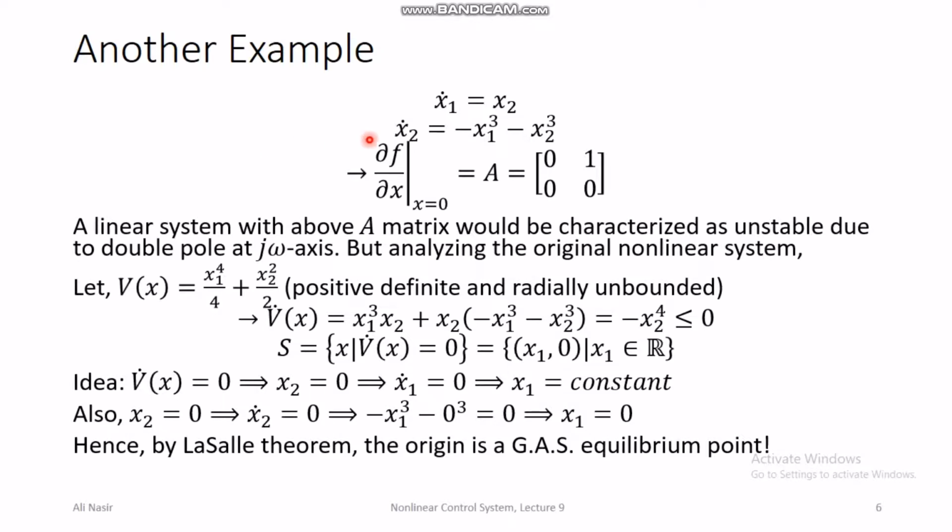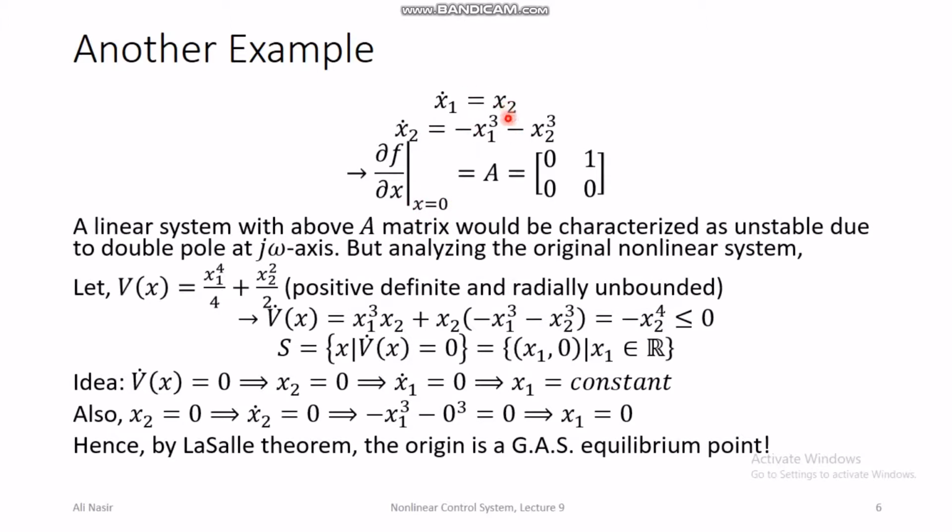So you see why the other theorem that we learned a couple of slides ago was so important, because in some cases the linear approximation is not even close in determining the stability property of the equilibrium point of the original nonlinear system.